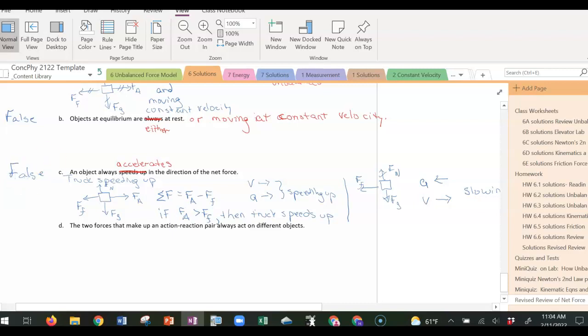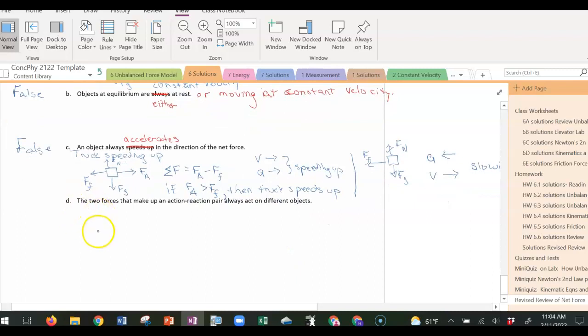And then the last statement down here: the two forces that make up an action-reaction pair always act on different objects. This action-reaction pair is like a Newton's third law pair. That's what it's referring to. And yes, I think that's true, right? Because we said that it has to have the same type of force.